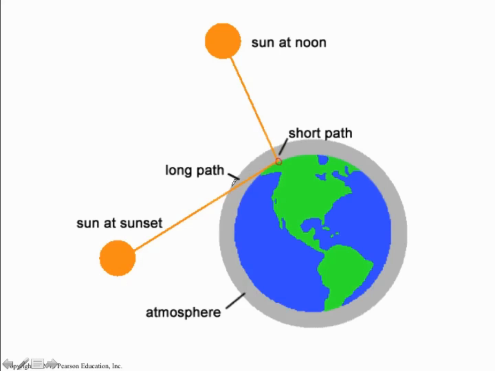But this path over here, now watch the pencil, is long enough so that by the time the light reaches the observer's eyes, most of the blue light has been scattered out by the atmosphere, leaving only the red and orange and yellow end of the spectrum remaining. And that's why we see these brilliant oranges and reds and yellows at sunset, because the blue has been scattered out.